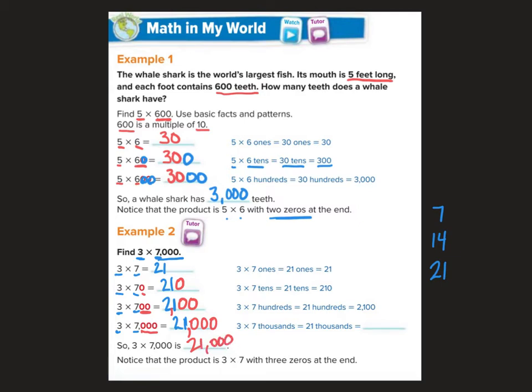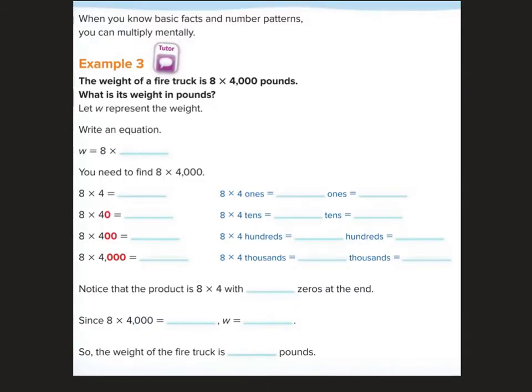Notice that the product is 3 times 7 with 3 zeros at the end. When you know basic facts and number patterns, you can multiply mentally. So example 3 says, the weight of a fire truck is 8 times 4,000 pounds. What is the weight in pounds?